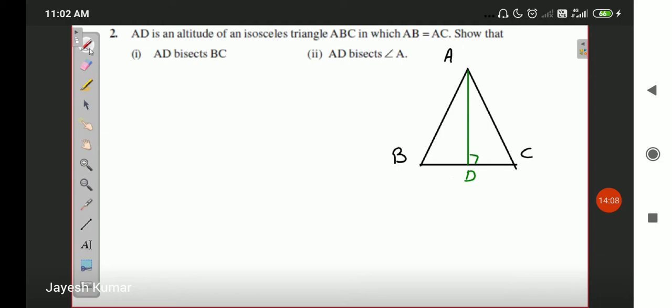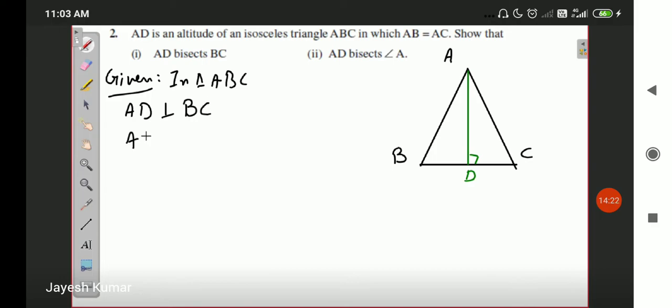Let me write down simultaneously what is given to us. In triangle ABC, AD is perpendicular to BC, as well as AB and AC lengths are equal because ABC is an isosceles triangle.